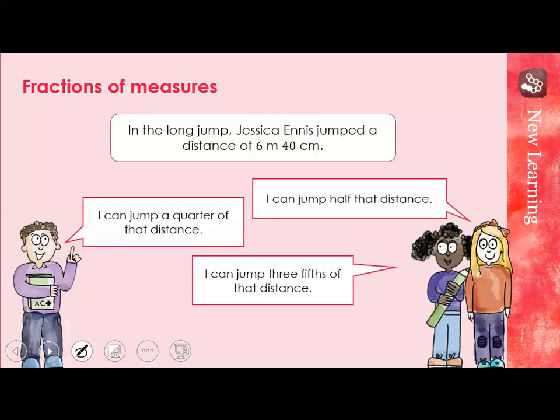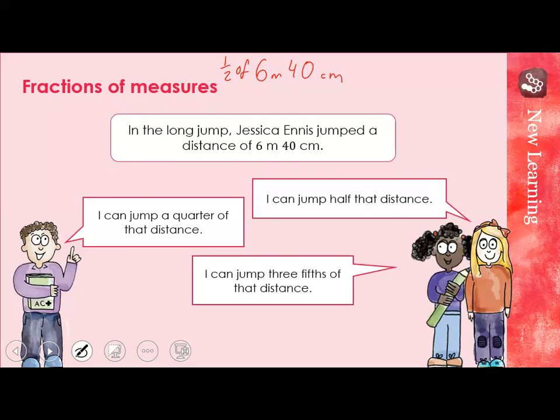In this question, Jessica Ennis has jumped 6 meters, 40 centimeters. Let's say this girl here on the right says that she can jump 1/2 of that. So what am I being asked to do? I'm being asked to find 1/2 of 6 meters and 40 centimeters.